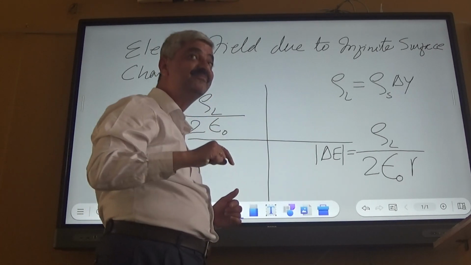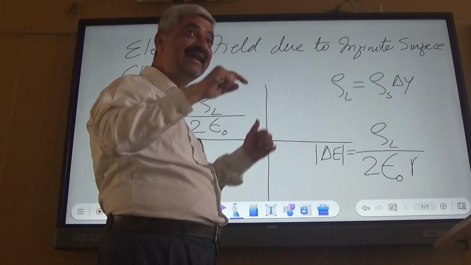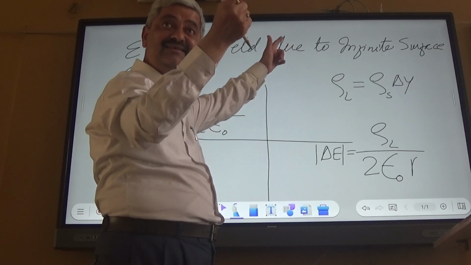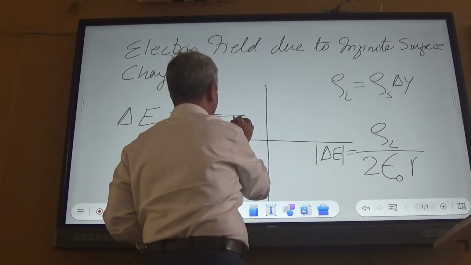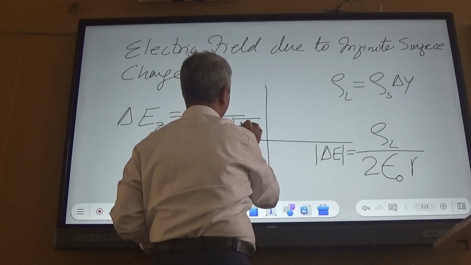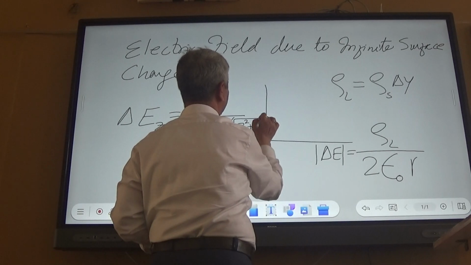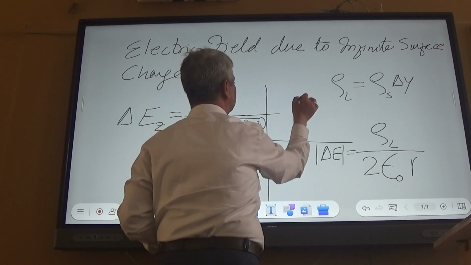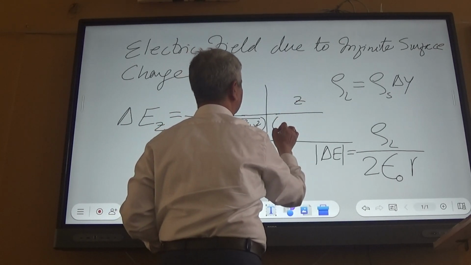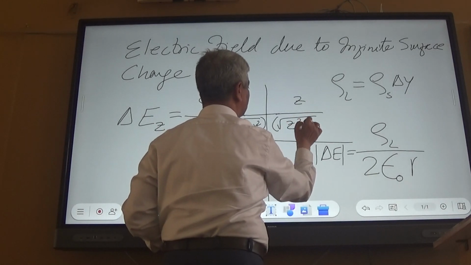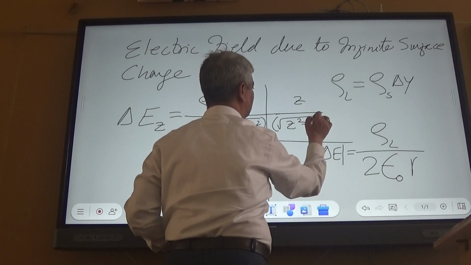What is R again? Under root z square plus y square. Right? So R is under root z square plus y square into z upon under root z square plus y square.